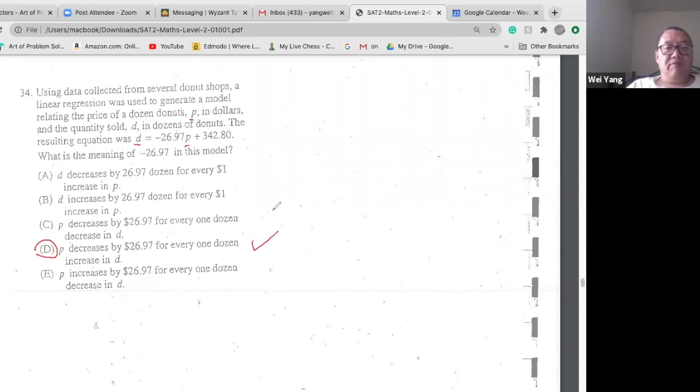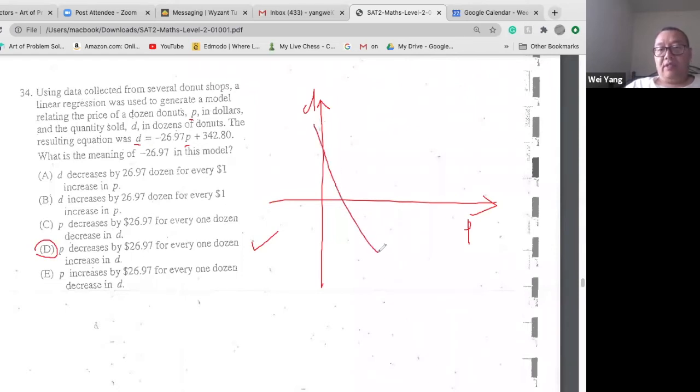That's right. So if you draw the graph of P and D, it will look like this. This is P. This is D. Then when P equals 0, D is 342.8. Then this is 0, 0.